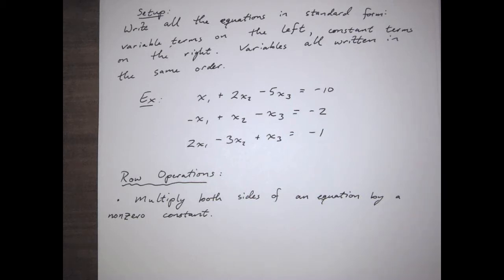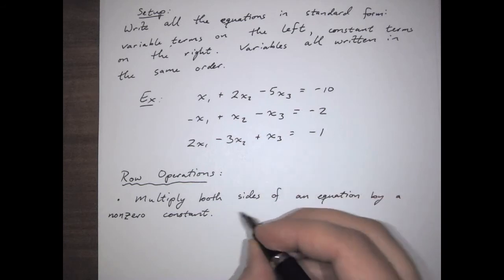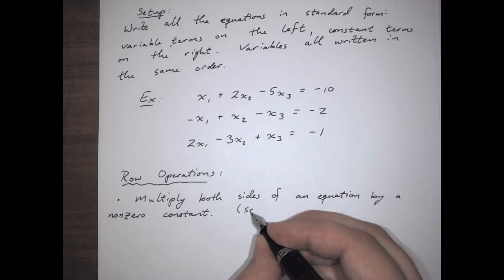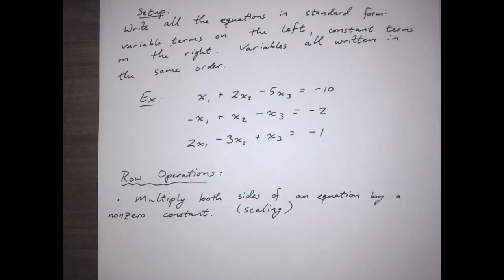But if you multiply both sides of an equation by 2, or by 1/2, or by negative 1/3, or something like that, then the resulting equation will have all the same solutions that the original one did. So we call those equivalent equations. So multiply both sides of an equation by a non-zero constant. And we call this operation scaling, because we're scaling up or down the equation.